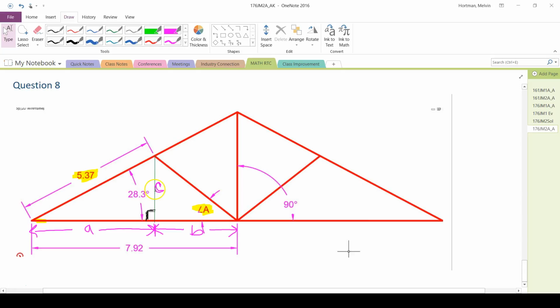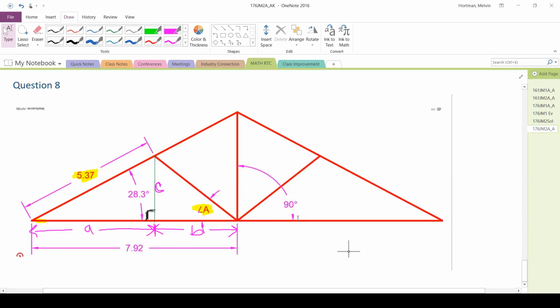So that would give me C. And then I could solve for A. I could say the cosine of 28.3 equals A over 5.37. I could use A to solve for this small b over here. And then for this triangle, I have B and I have C now. And I could use those two values to take the tangent of A equals C over B.